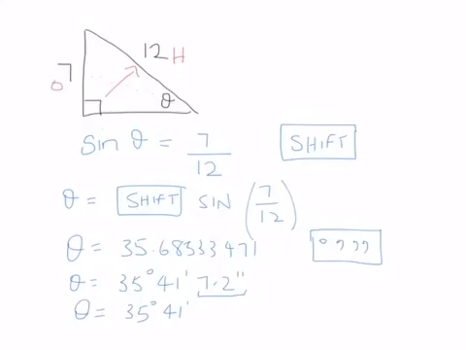So in this question, if we wanted to round off to the nearest degree instead, theta would equal not 35 degrees but 36 degrees, because the 41 is bigger than halfway, because halfway is 30. So it's 36 degrees to the nearest degree, but 35 degrees 41 to the nearest minute.